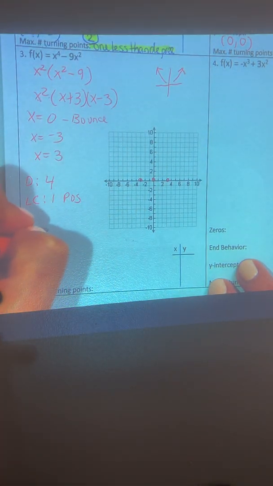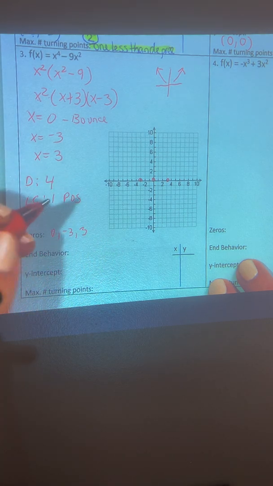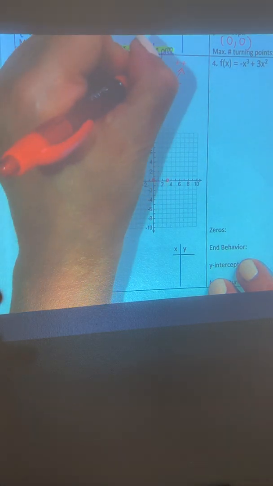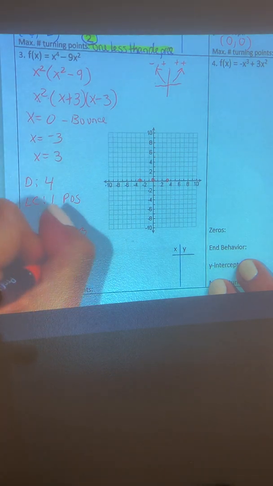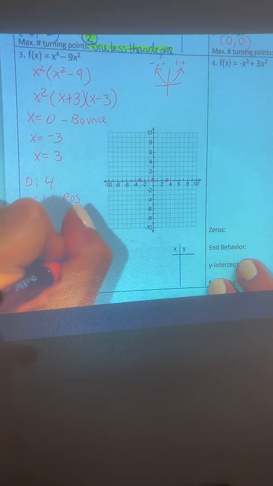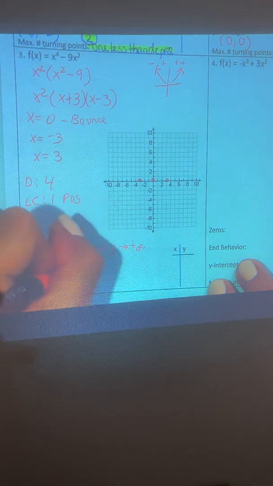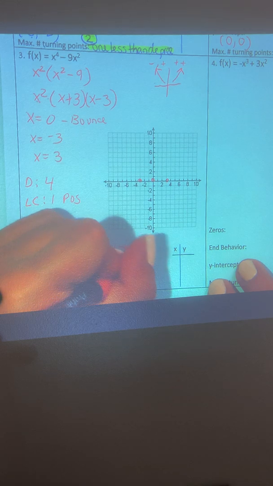So my zeros are 0, -3, and +3. My end behavior, this is positive, positive. This is negative, positive. So as x approaches -infinity, y approaches +infinity. As x approaches +infinity, y approaches +infinity.